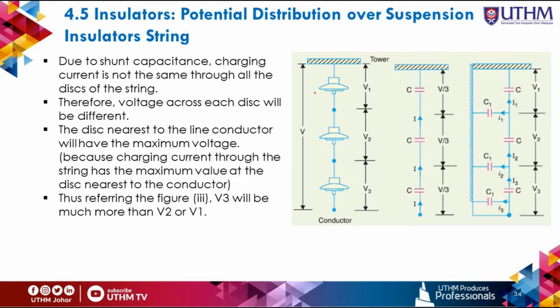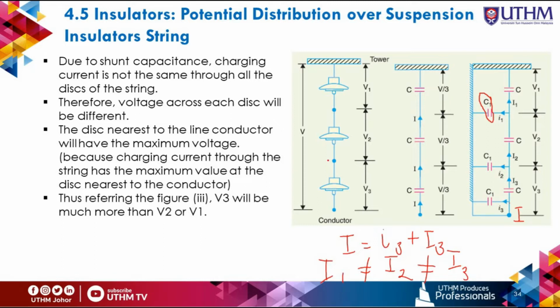Due to the shunt capacitance, the charging current is not the same through all of the string. For example, we have current I here, which becomes I3 plus capital I3. So I1 is not the same as I2 and not the same as I3.